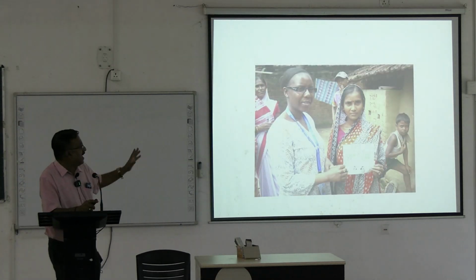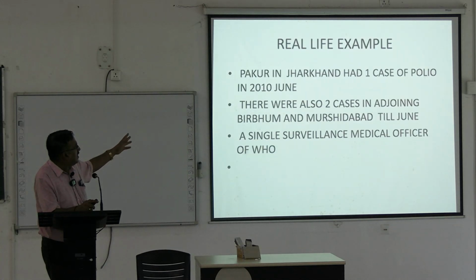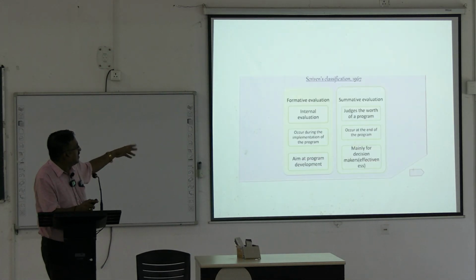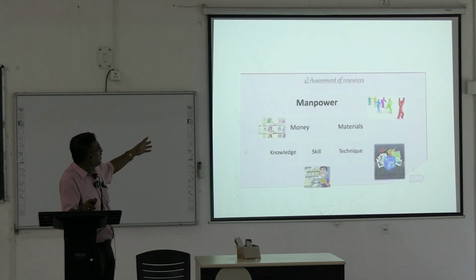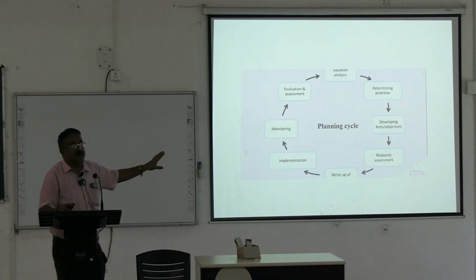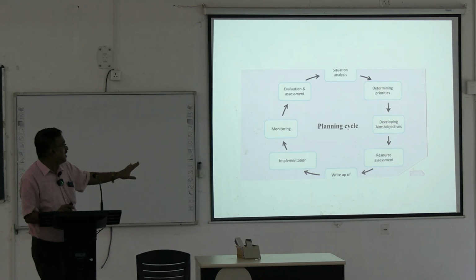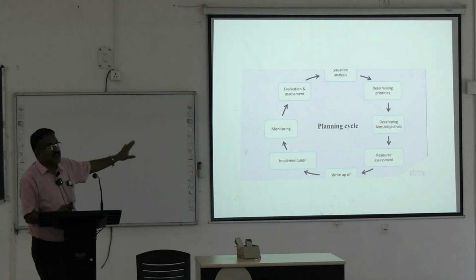So you got an idea of the planning cycle, what it is, and how it is done. This is the thing which you have to remember: planning cycle, situation analysis, determining priorities, developing aims and objectives, resource assessment, write-up, implementation, monitoring, and evaluation.